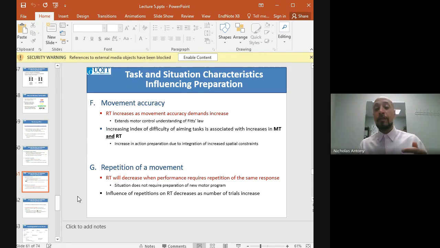And then let's say in darts, you're throwing darts repeatedly, the reaction time slowly decreases from the first repetition if you're completely repeating the same skill or same trial. So if you're doing it in quick succession, the reaction time would slowly decrease up to a point, and that's because you've already pre-processed it. So you're just re-implementing the same motor program you've already completed.